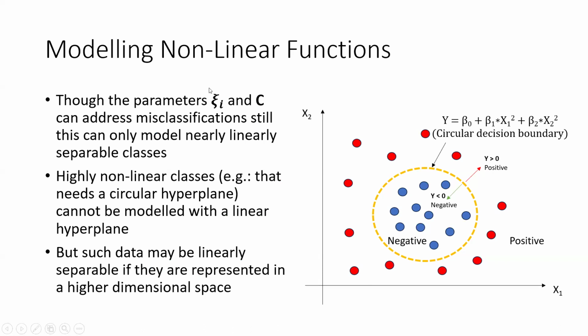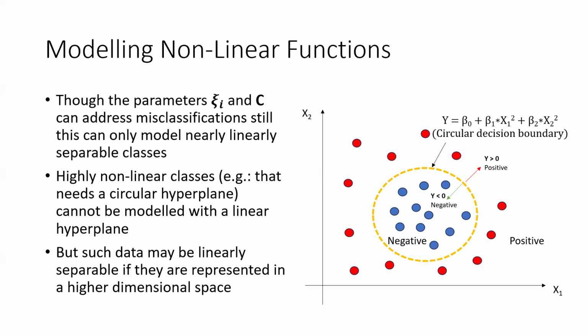So with soft SVMs, with slack variables, we can have approximate models even with misclassifications. And we can use the C to tune the bias-variance relationship, right?